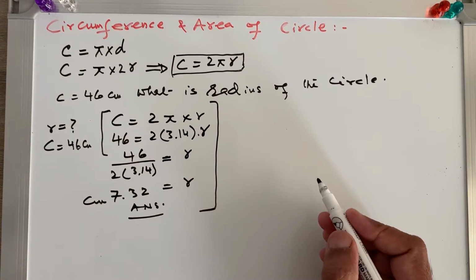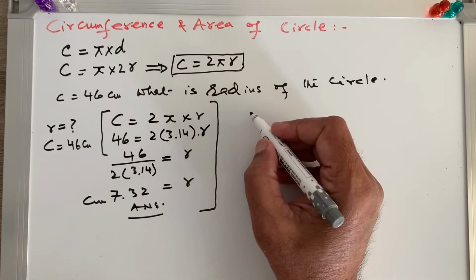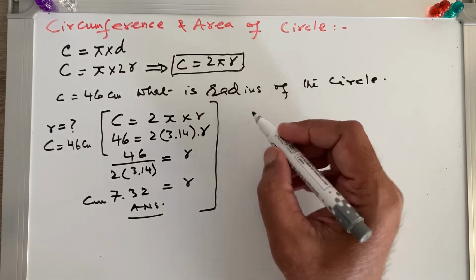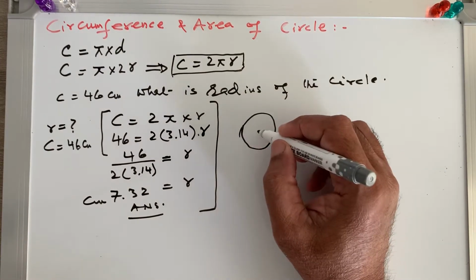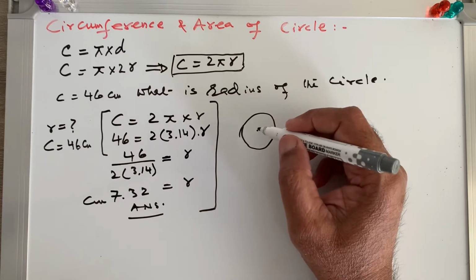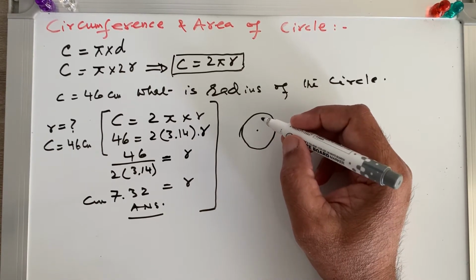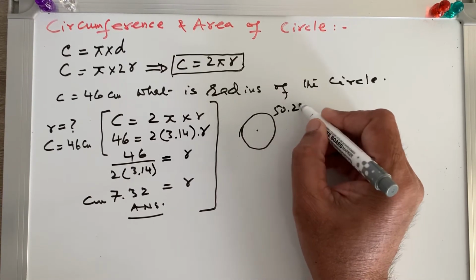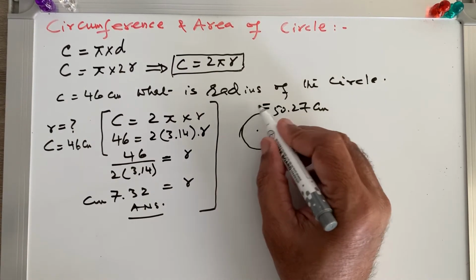So this was the first application of the circumference. Or we can say another question: 50.27 centimeter of string was needed to wrap around a circle. I gave you this example in the last lecture, that if we have a string and we wrap it around to make a circle, so that means this is my circumference.